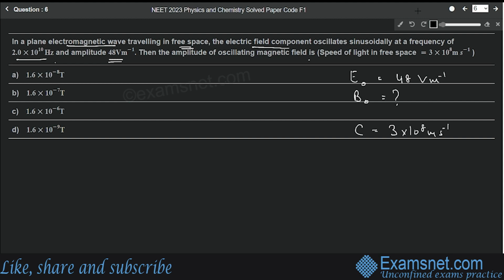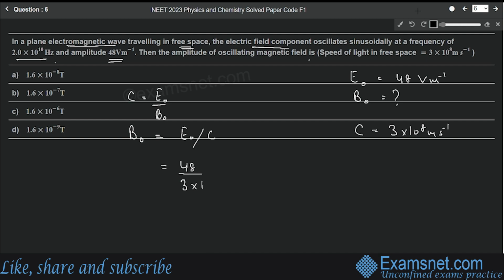The frequency has no use here because we know from the properties of electromagnetic waves that C is equal to E naught upon B naught. E naught is the amplitude of the electric field and B naught is the amplitude of the magnetic field. We have to find B naught, so that will be equal to E naught upon C. E naught is 48 volt per meter and C is 3 into 10 to the power 8.